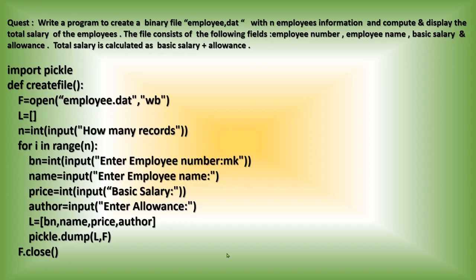You have to accept n employees information, and you have to store this information in the binary file. Again read back the same content, calculate the total salary, display the total salary. The content of the binary file is employee number, employee name, basic salary, and allowance. Okay, now we can discuss about this program.